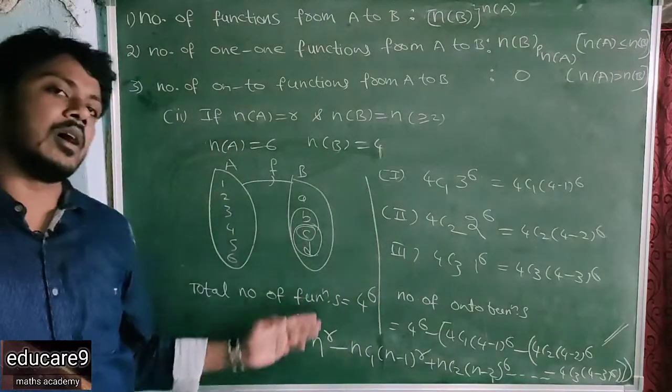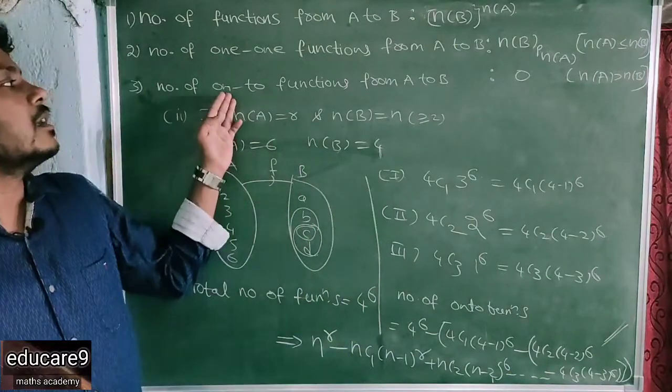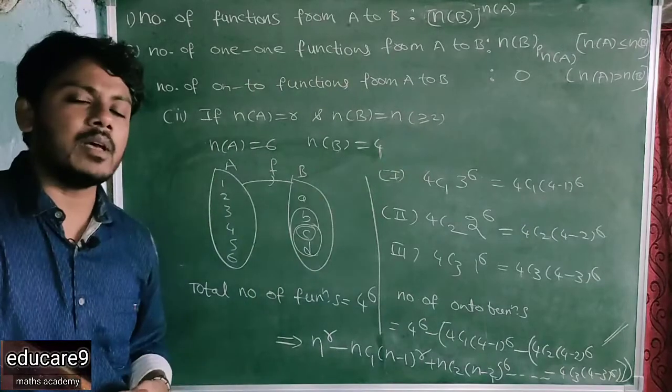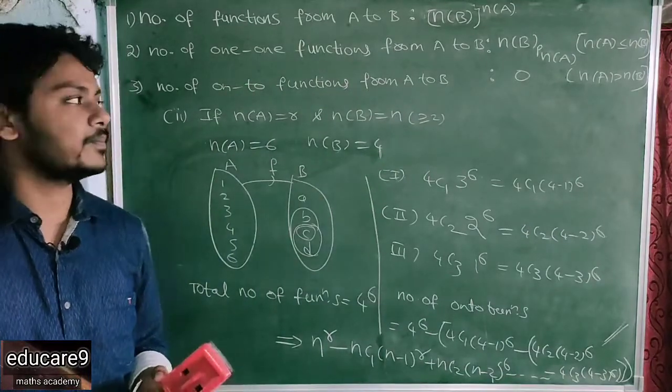So this is the formula for finding the number of onto functions from set A to set B.